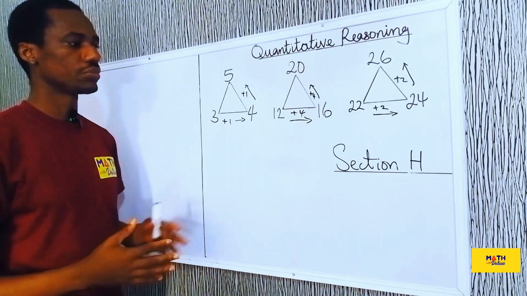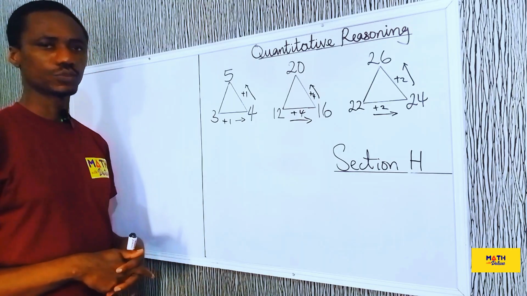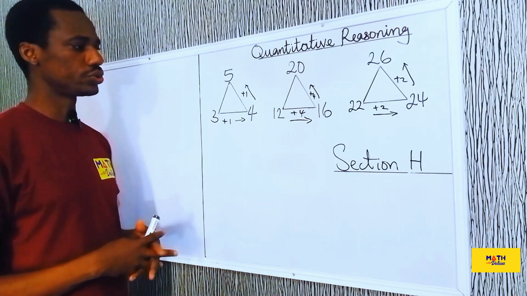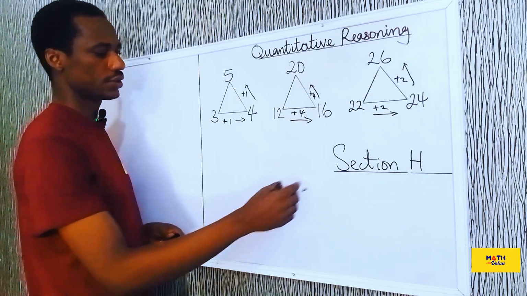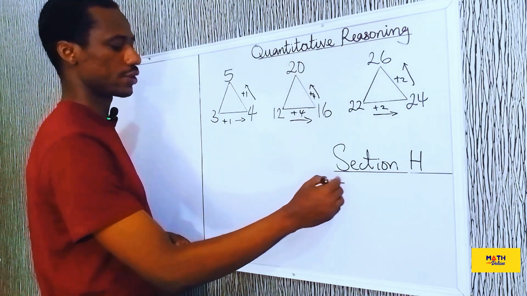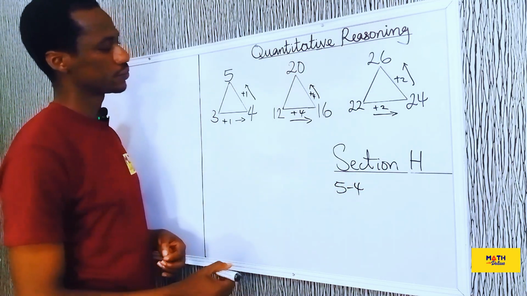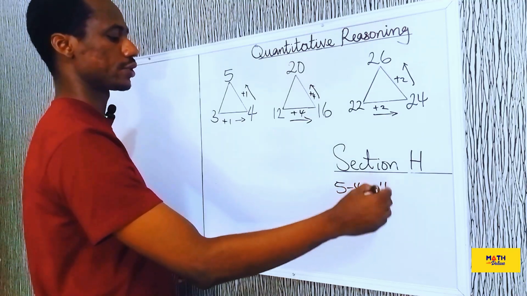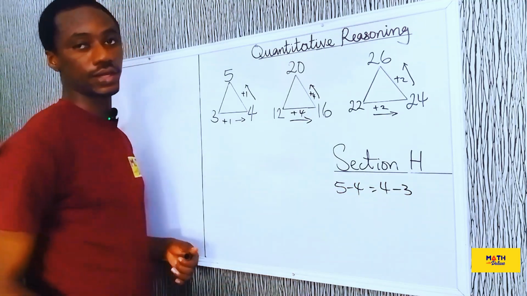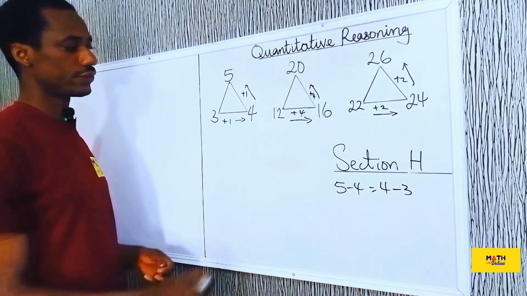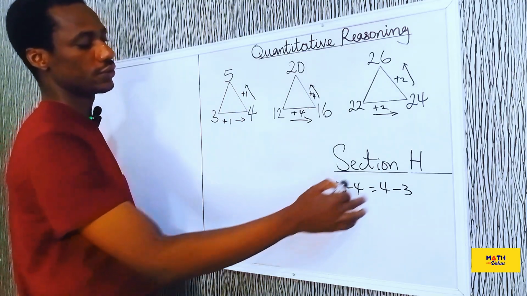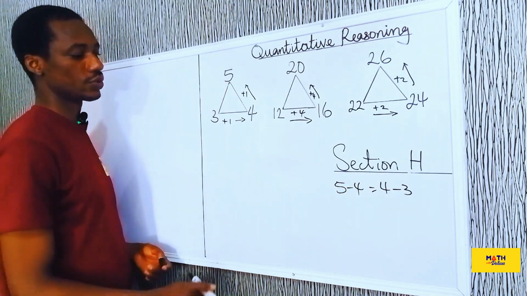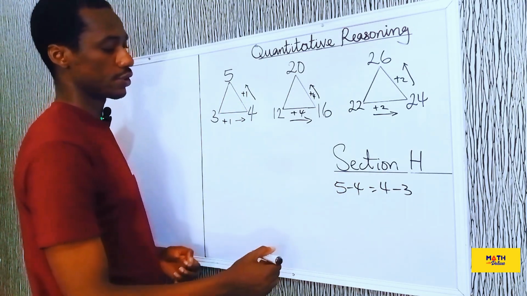So I think with this we have good knowledge of what we should do. If you're looking at this, we know that 5 minus 4 gives you the same thing as 4 minus 3. Is that not? So 5 minus 4 is 1, 4 minus 3 is 1, the same thing.